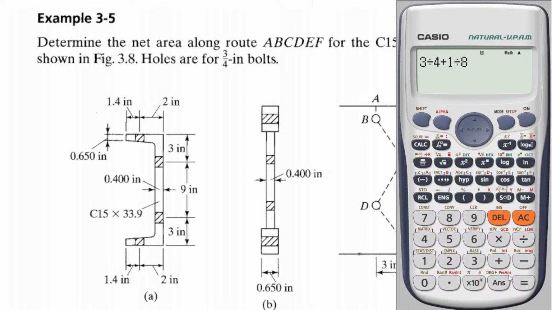Take note of that in your notebook. So 7/8. The hole diameter is 7/8, even if the bolt diameter is only 3/4. So 3/4 is 0.75. The hole diameter is 0.88 or 0.875, versus 0.75. Note.